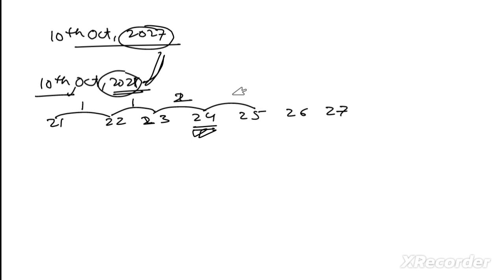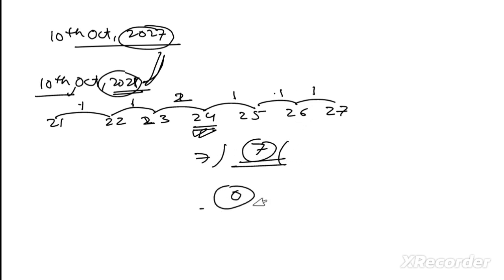Then again it is 1, this is 1, this is 1, so it is how much? 1, 2, 2, 4, 5, 6, 7, so we are getting 7 here. 7 means you can divide by 7, so here 0 as an extra day, that means we are getting the same day. If 10th of October 2021 is your examination day, it is Sunday, so I have told you, this is your base day, so it will be Sunday.